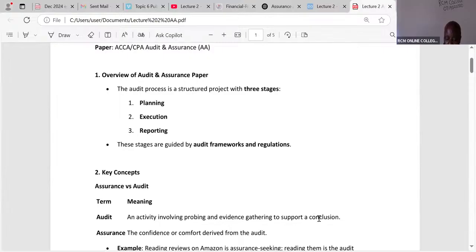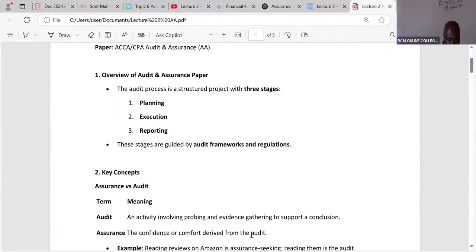We audit financial statements. How about assurance? Assurance is the confidence or comfort derived from the audit. As I'm doing this audit, ladies and gentlemen, as I'm gathering this evidence, there will be that comfort derived from this particular audit. The outcome is what we call assurance.